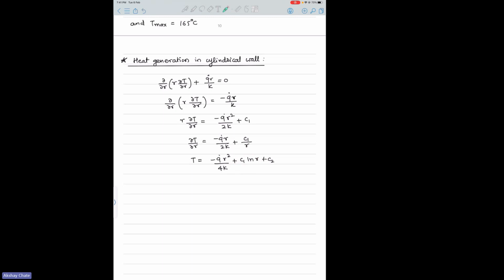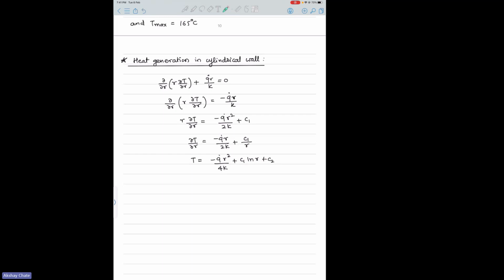Note that C1 is not always 0. In some problems, it can be non-zero, but in some problems where the inner radius of that cylindrical wall is 0, for example, in case of a thin cylindrical heater wire, you have to make this C1 0. Otherwise, you have to solve like what we did earlier.